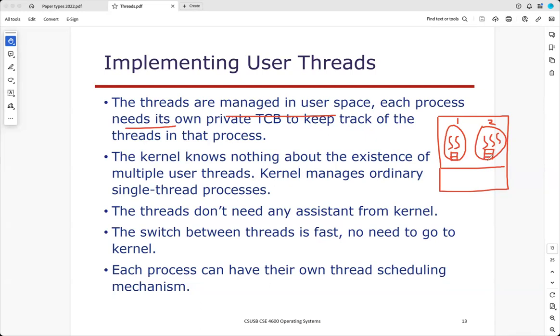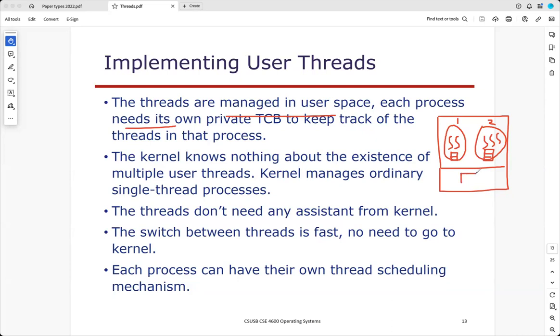The user process itself maintains and manages these threads. And the kernel knows nothing about these 5 threads, 2 threads in process 1 and 3 threads in process 2. The kernel manages the ordinary single thread process.